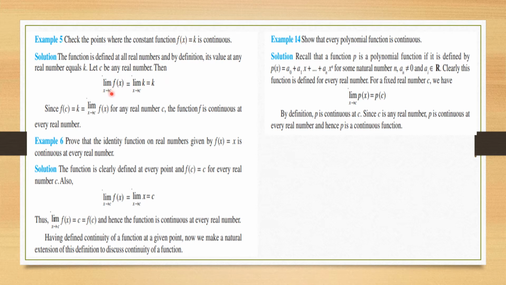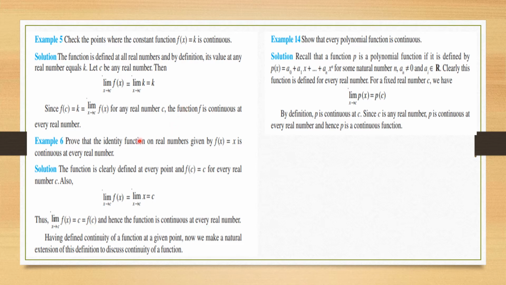And what is the limit as x approaches c of f(x)? It is the limit as x approaches c of k, which turns out to be k because there is no x. Whatever value we assign to the function, it will always turn out as the same constant. So since f(c) is equal to k, and also equal to the limit as x approaches c of f(x), for any real number c, we say the function is continuous for every real number.